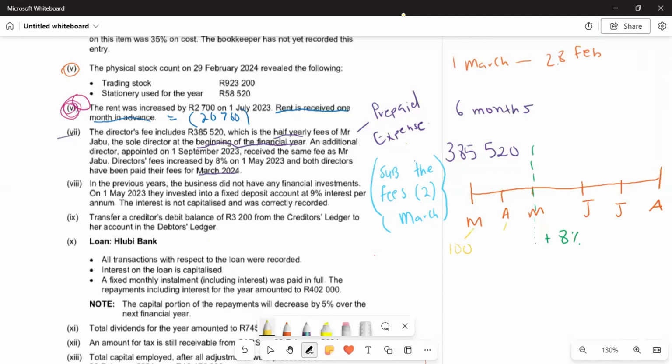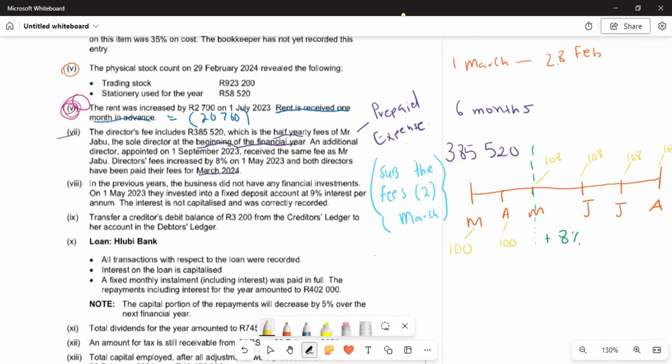Same applies for April, 100%. But as of May, they were increased by 8%, meaning that from now on, they were 108% each and every month. So after this month, our director's fees were 108%.